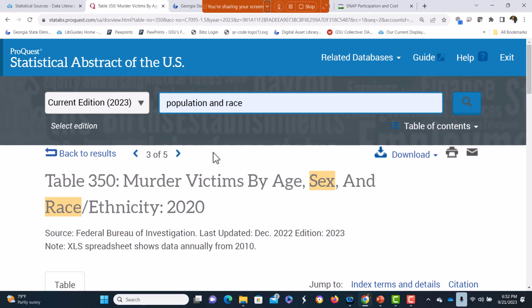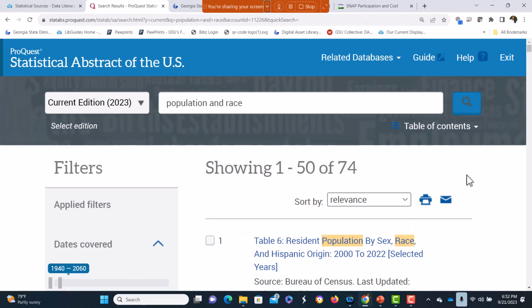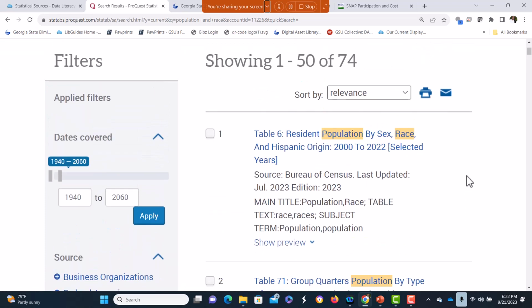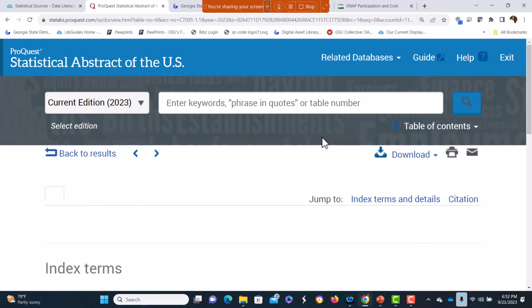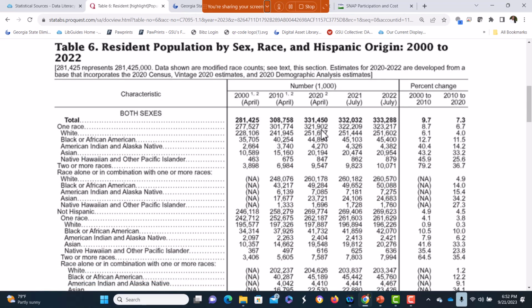So the part of the post that he got incorrect was the number of black people actually in the US. So we do population and race. We go back to that one now. Then we'll get closer to the total number of black people.